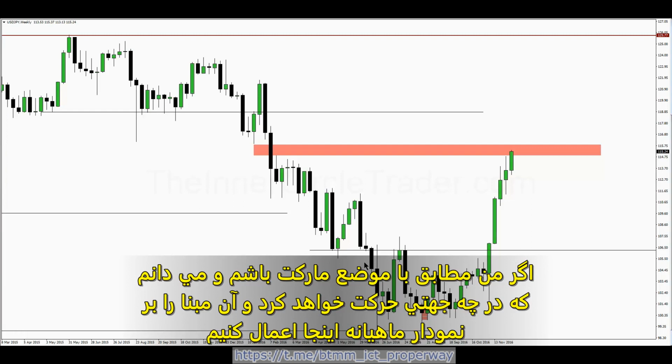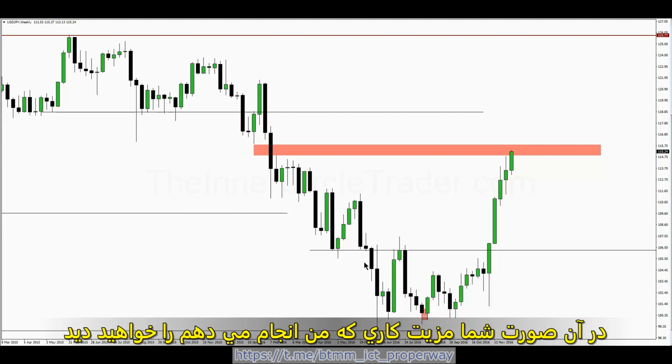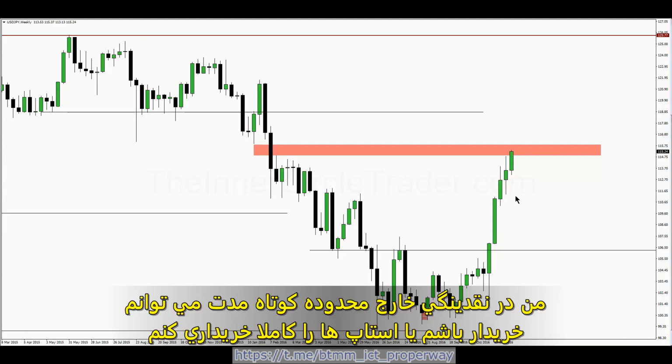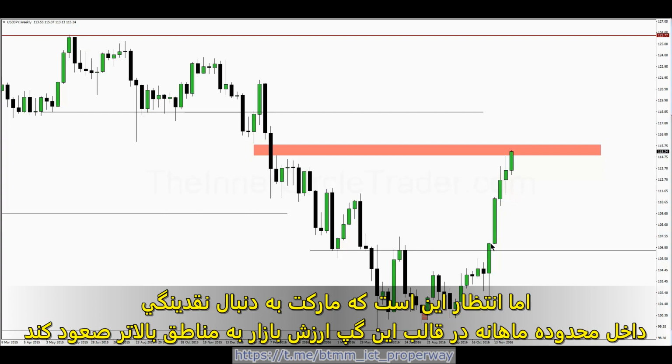If I am in sync with the marketplace and I know what direction it wants to go, and we're framing that based on the monthly chart here, you're going to see the benefits of doing what I'm doing here. If I'm looking for it to go higher relative to the monthly chart, anytime the market comes down below a short-term low, I can be a buyer of that on short-term external range liquidity, or buying up stops, with the expectation that the range will continue going higher, seeking monthly internal range liquidity in the form of this fair value gap.